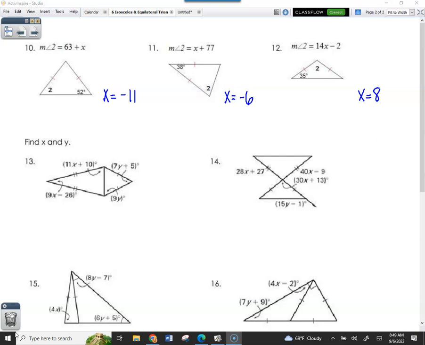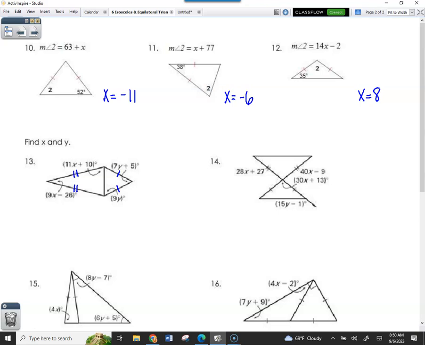What type of triangle is on the left? It's isosceles. What type of triangle is on the right? Look again. Do you notice how it's also isosceles?